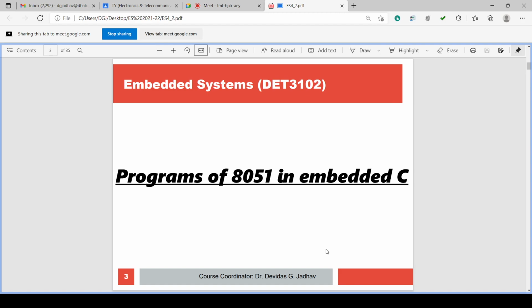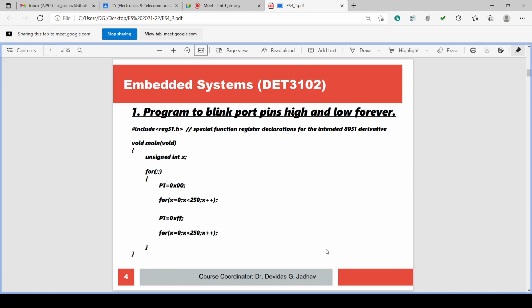So we are discussing various programs in the 8051 in embedded C, and we have discussed some of them. For example, the program to blink port pins high and low forever, which requires #include <REG51.H>.